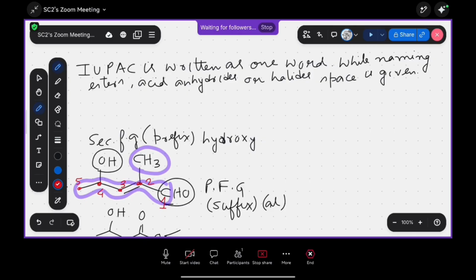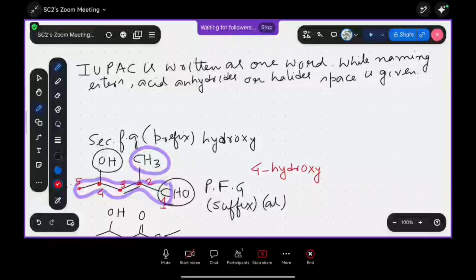Now after the parent chain selection and numbering is done, we come to the naming. How do we do it? We have a methyl group and we have a hydroxy group. Hydroxy, H, comes first, so obviously it will be 4-hydroxy, side chain with the locant.